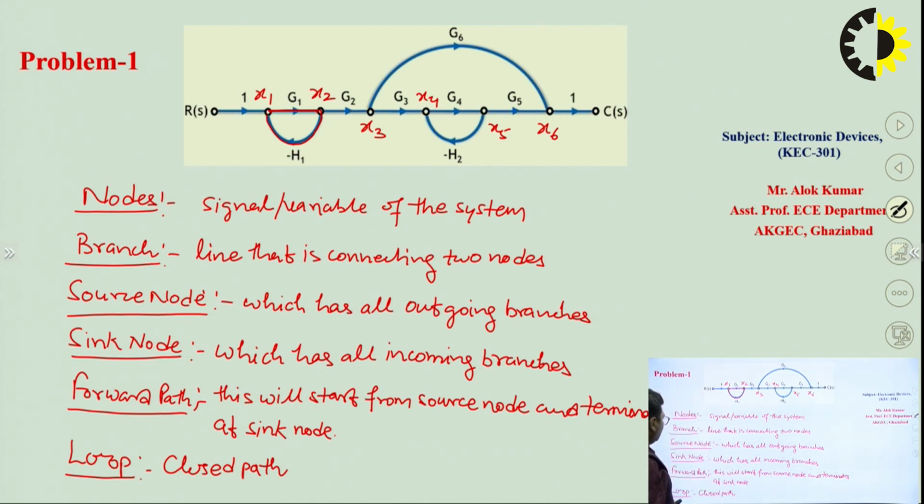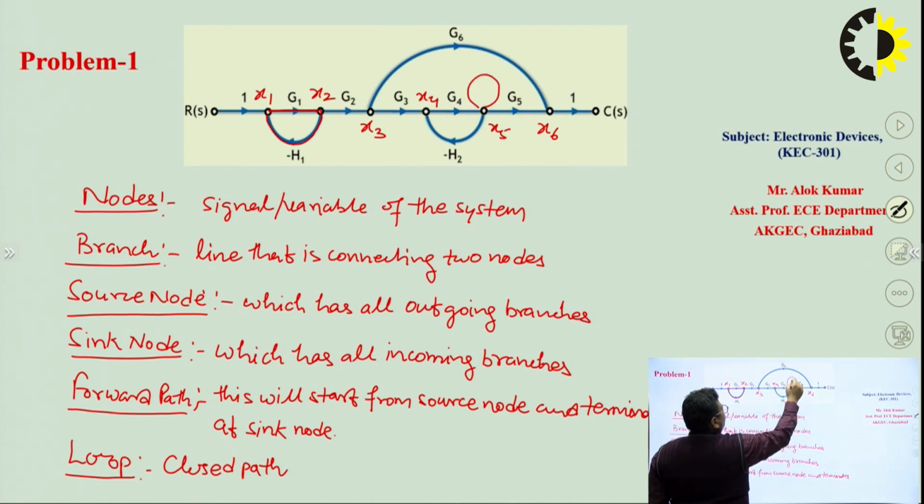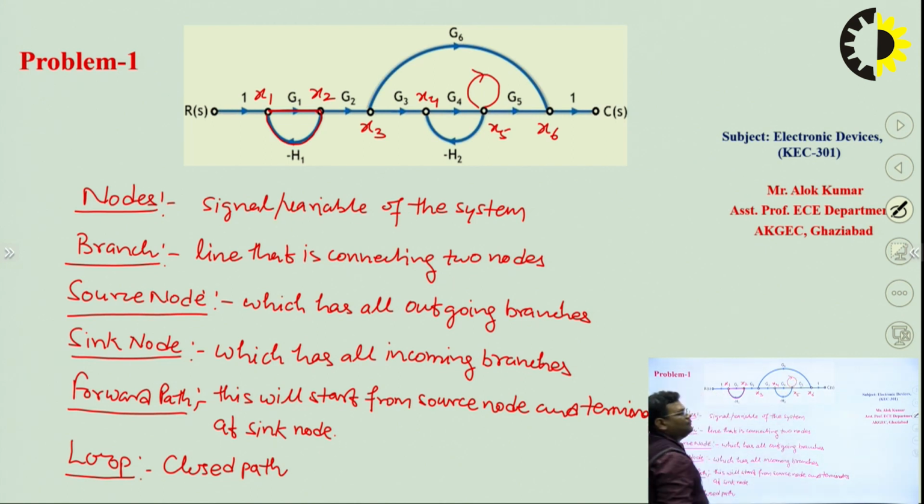There can also be a self loop. A self loop also starts and terminates on the same node, but there is a difference: in a normal loop there is more than one node, but in a self loop there is only one node.